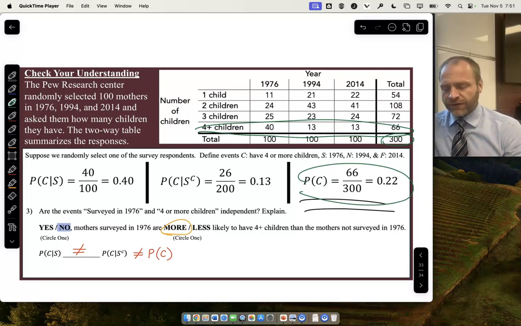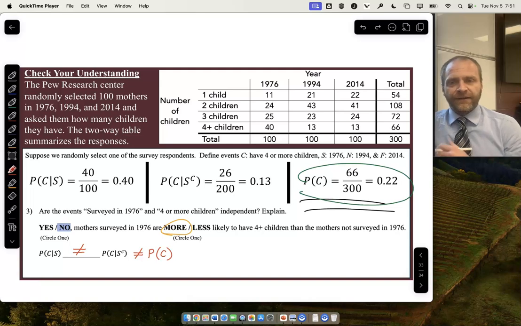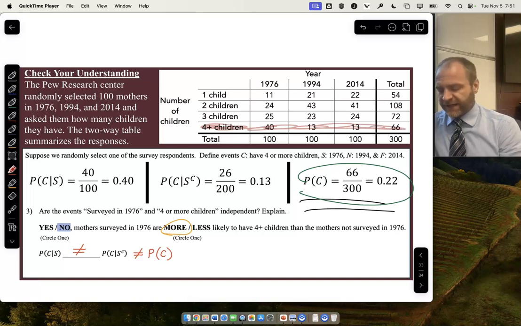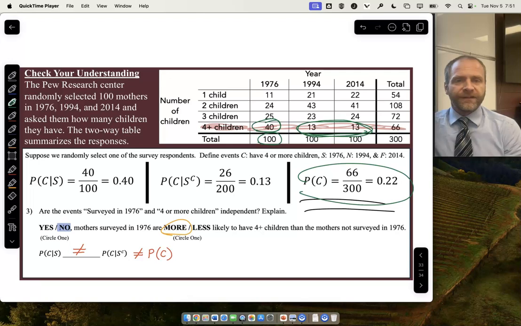Let me show you the visual again that we looked at before with the tables. If I look at the main idea, 4 or more children, I take this intersection and divide by the 100. It's not quite a two-way table because we have 3 columns, but the idea is the 26 divided by the 200, and the 66 divided by the 300.